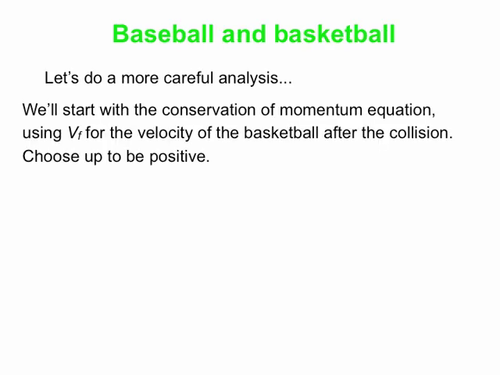We'll do our conservation of momentum equation, but we'll put in an unknown capital VF to represent the velocity of the basketball after the collision. Now our equation is exactly what we had before on the left-hand side: basketball plus 3mv worth of momentum, baseball minus mv.